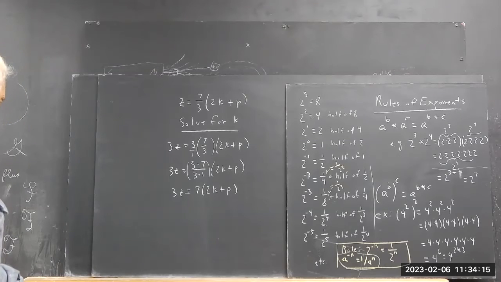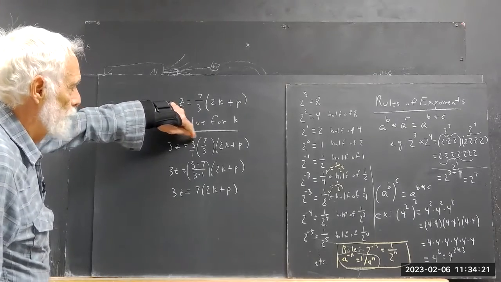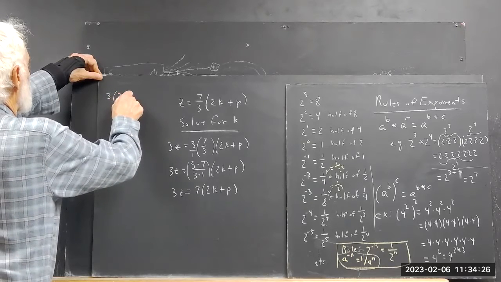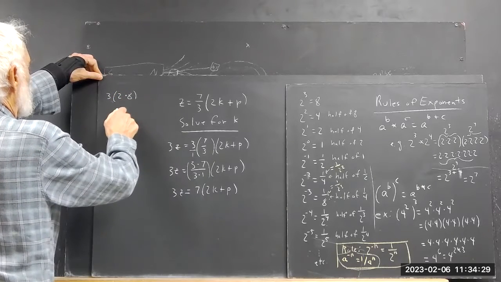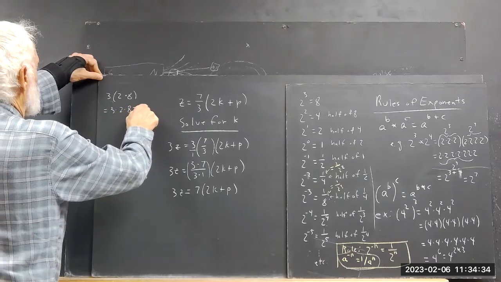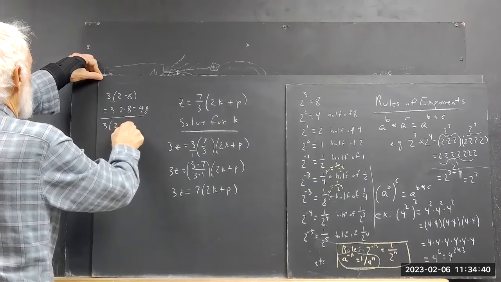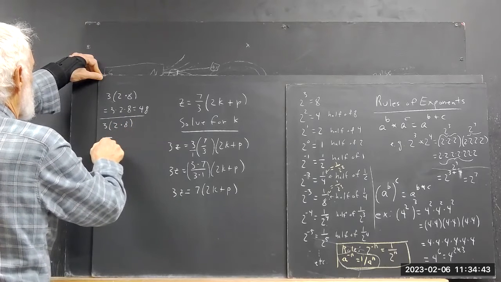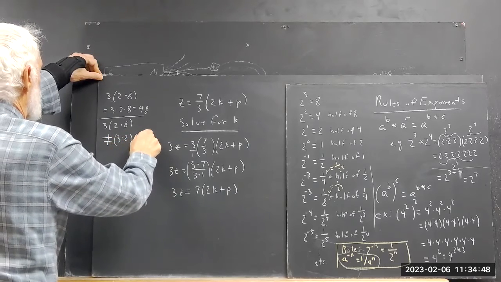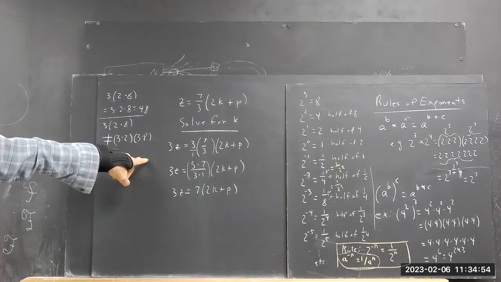Now let me just make a point. Why do you just multiply the 3 by the 7/3? If you multiply 3 times 2 times 8, well, it's 3 times 2 times 8, which is 48. Three times 2 times 8 is not 3 times 2 times 3 times 8.